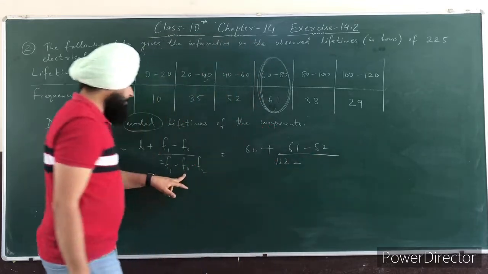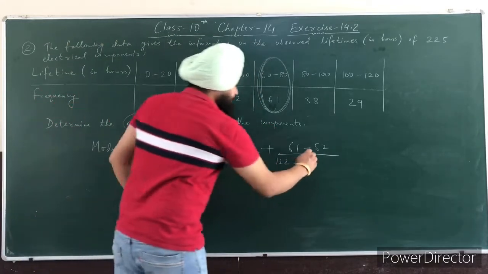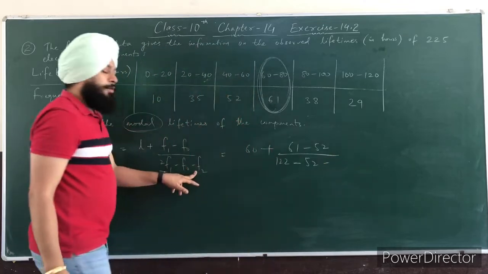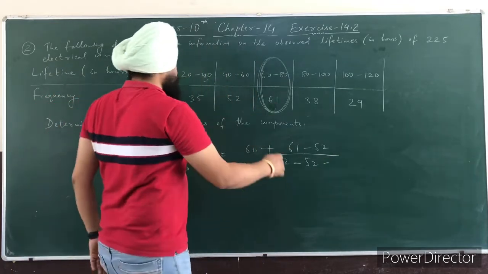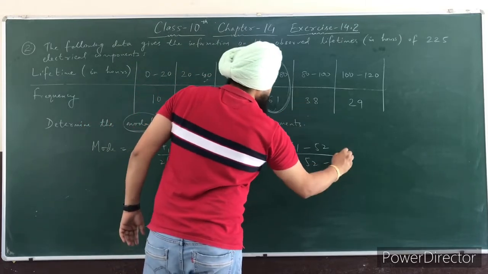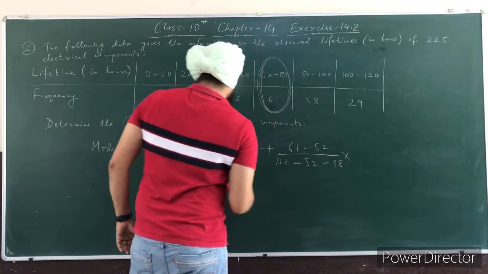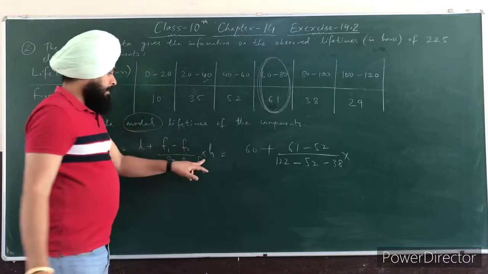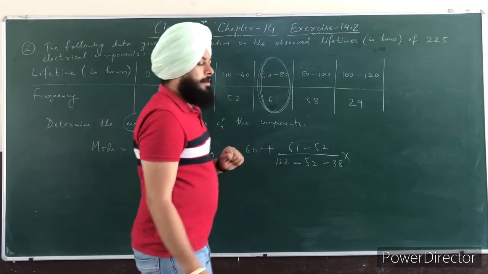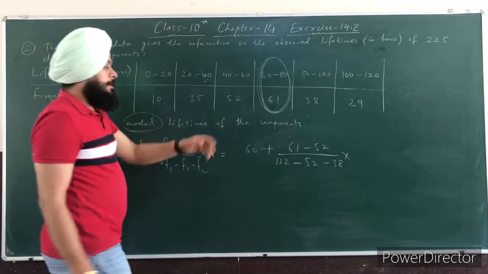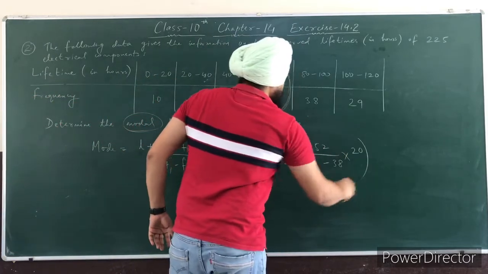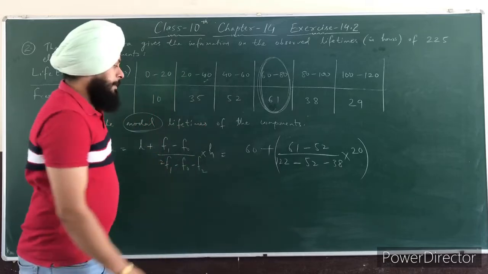Minus f0, f0 is again 52. Minus f2. f2 is the frequency succeeding the modal class, so it is 38, and multiply with h. Class size of the following interval is how much? 20. So put here value of h, that is 20.